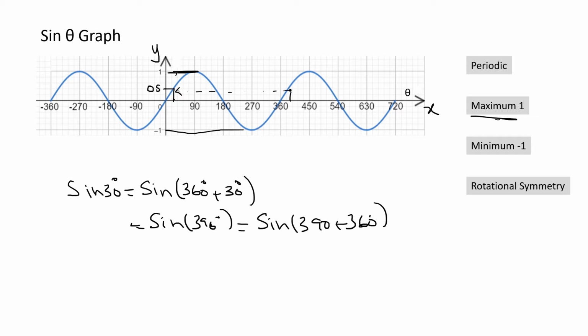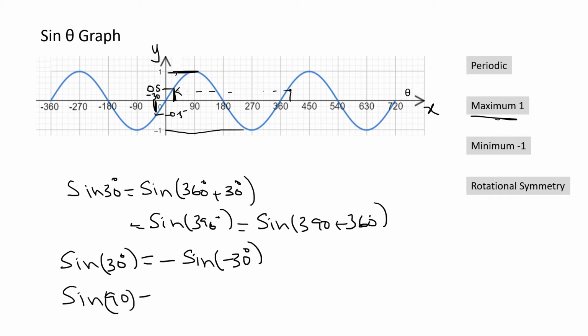For example, sine 30 is 0.5, but minus 30 is minus 0.5. Okay, so which means sine 30 is the same as minus sine minus 30, or sine 90 is the same as minus sine minus 90. This is called rotational symmetry.